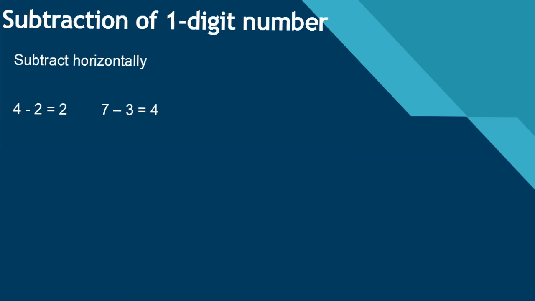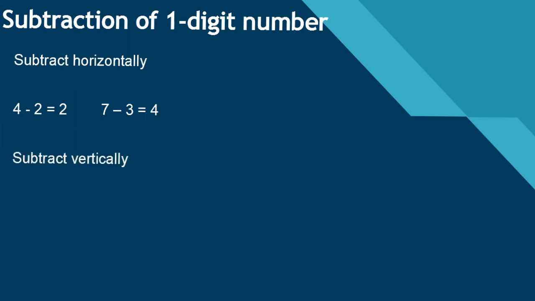There are 4 lines, we cut 2 lines, then how many lines do you have? 2. So 4 minus 2 is 2. Similarly, 7 minus 3. You have to draw 7 lines, then cut 3 of them, then you get 4.